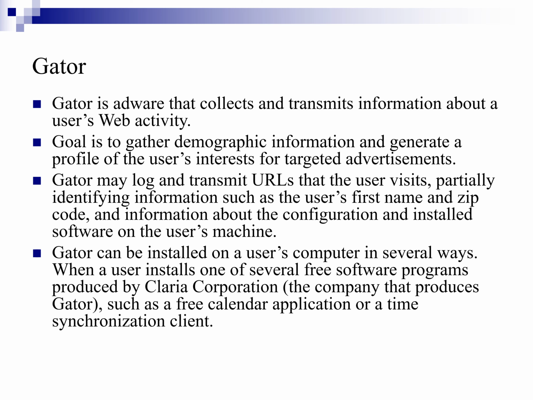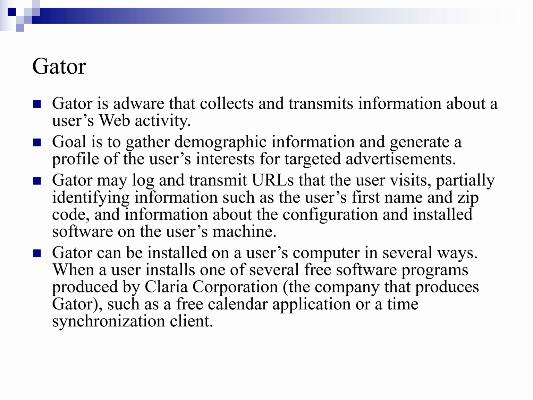Let's read about Gator. Gator is adware that collects and transmits information about a user's web activity. Its goal is to gather demographic information and generate a profile of users' interests for targeted advertisements. Gator may log and transmit URLs that the user visits, partially identifying information such as the user's first name and zip code, and information about the configuration and installed software on the user's machine.